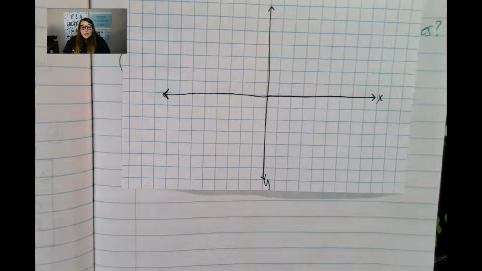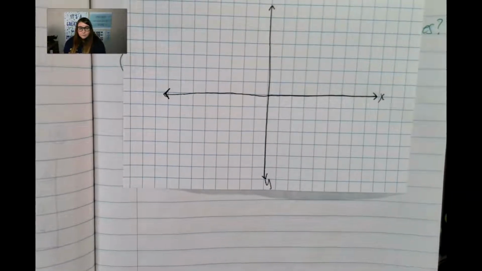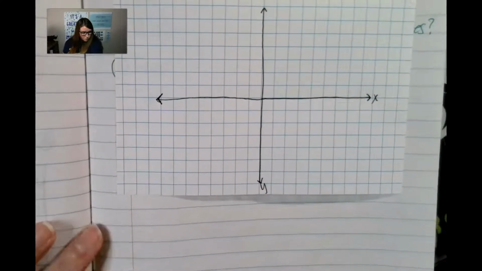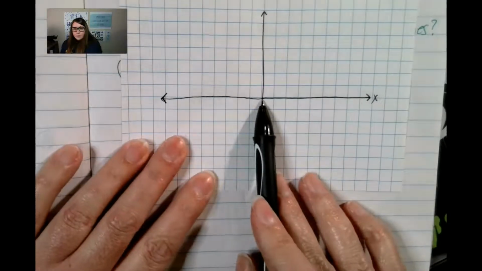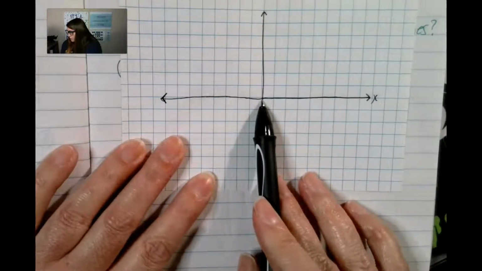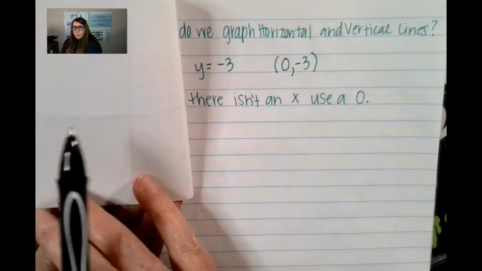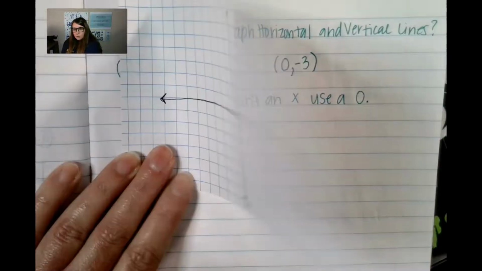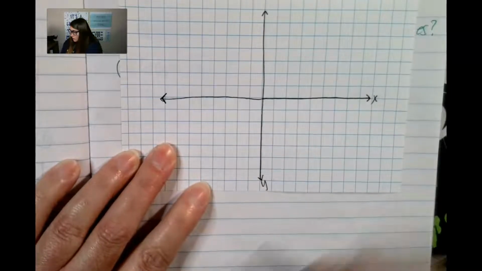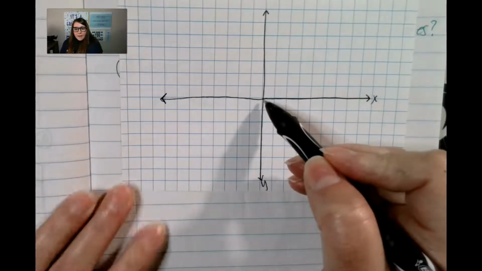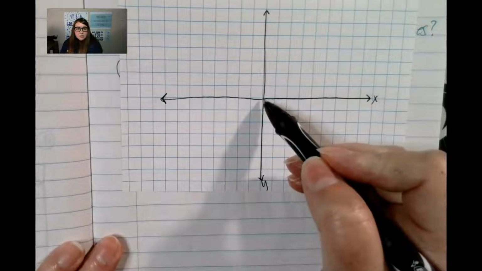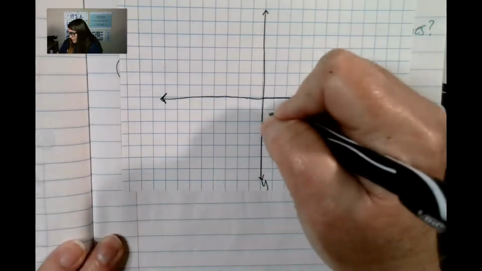Now, it's telling us that x is 0. So again, we're going to start out here in the middle at 0, 0. And then it told us that we were graphing the point 0, -3 because y is -3. So I'm not going to go anywhere on the x because there is no x value. But there is a -3.